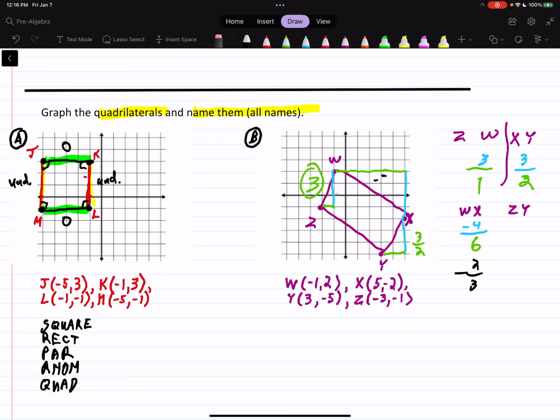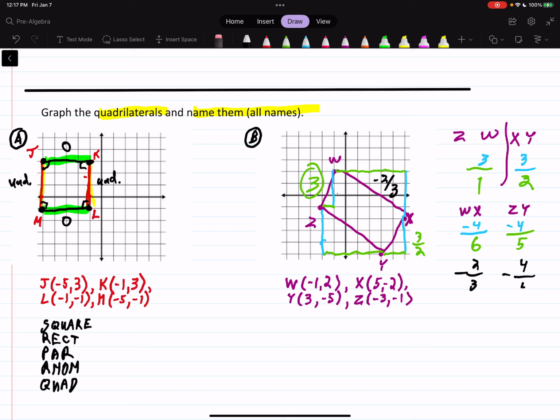So I'll write that here. And ZY, my rise is 1, 2, 3, 4, but it's negative. And my run is 1, 2, 3, 4, 5. Yep, I definitely did this example different than the example in the book because this one should have come out to be parallel, but it isn't. And then this, you can't reduce 4 over 5. Let me write that a little better.